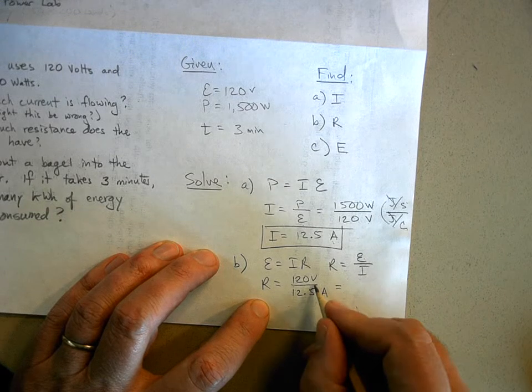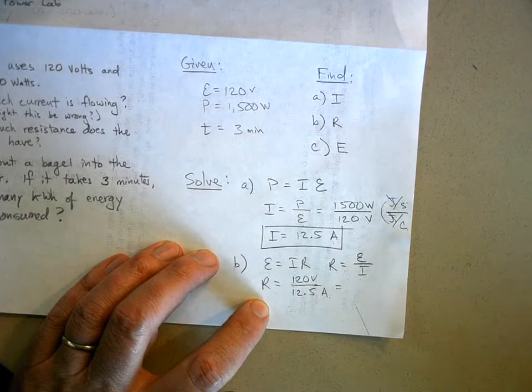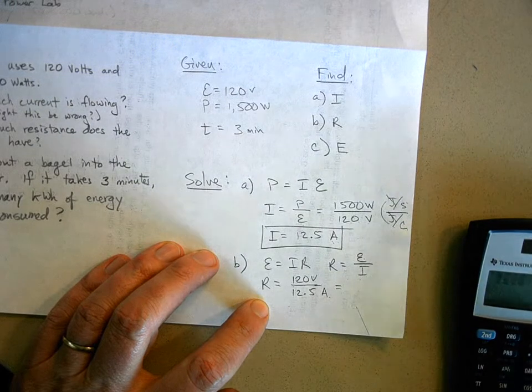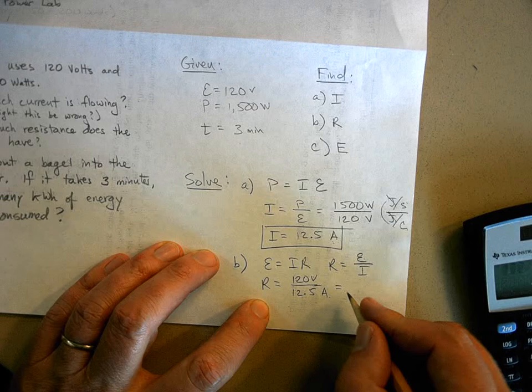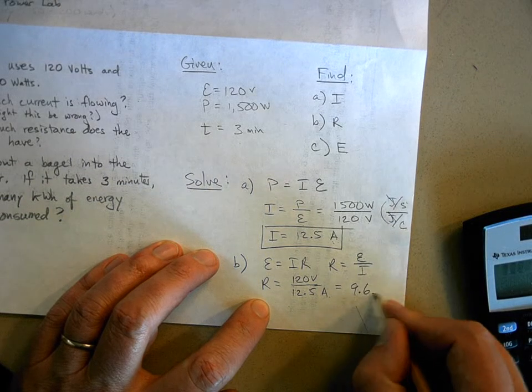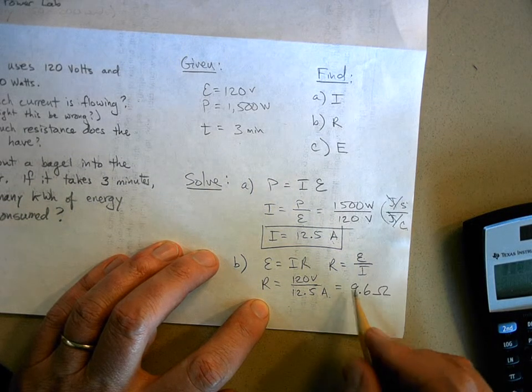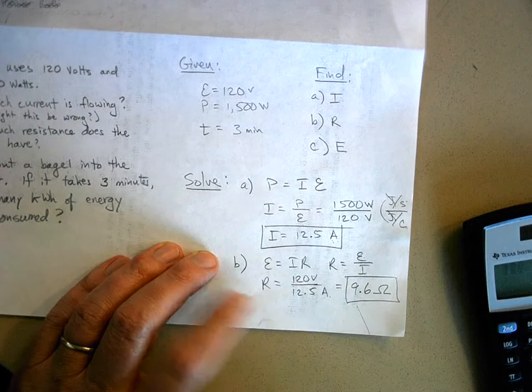A volt per amp is defined to be an ohm. So 120 divided by 12.5, and you get 9.6 ohms. So there's my resistance.